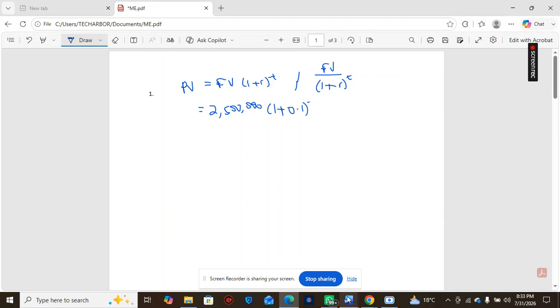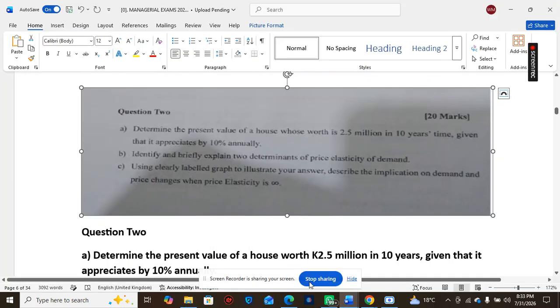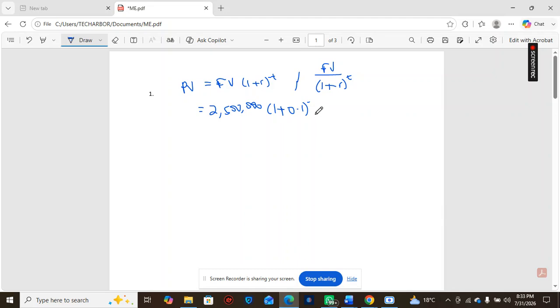Is it 10 years? Question. 10 years, yes, to the power negative 10. So you're going to get 2.5 million multiplied by 1.1 to the power negative 10.